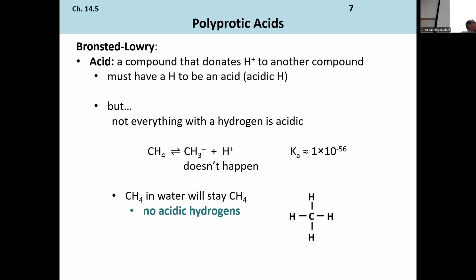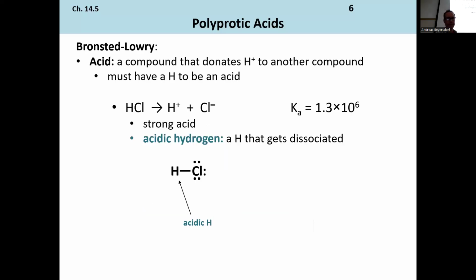Now, the reason for this, you'll talk more about when you go on to OChem, and most of you will. It has to do with what the hydrogen is bound to. In methane, the hydrogen is bound to the carbon only, whereas in HCl, the hydrogen is bound to a chlorine.